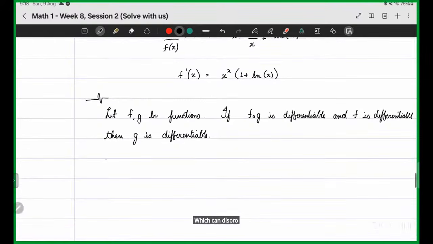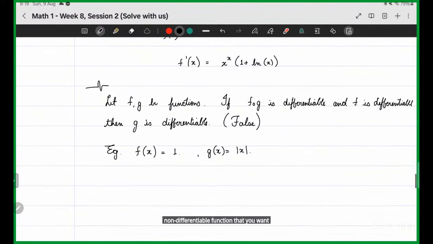Okay, consider the following. I'll tell you that this statement is false. These are all real valued functions, R to R. f of x is just 1. It's a constant function 1. And g of x is whatever non-differentiable function that you want. You start out with these two things. What is f of g of x?